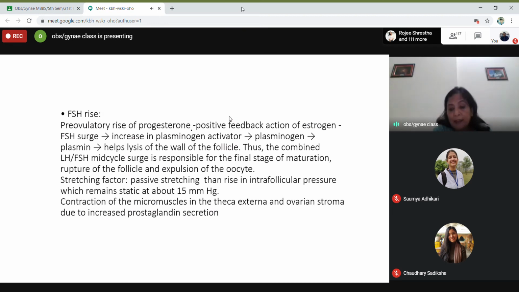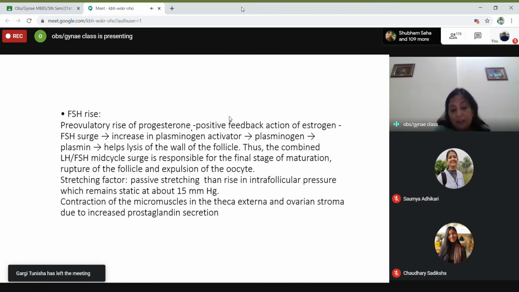This positive feedback action of estrogen causes FSH to increase the plasminogen activator, which changes plasminogen into plasmin. This helps in the lysis of the wall of the follicle. Thus, combined LH and FSH mid-cycle surge is responsible for the final stage of maturation and rupture of follicles and expulsion of the oocyte.